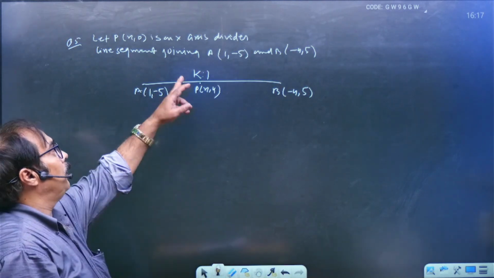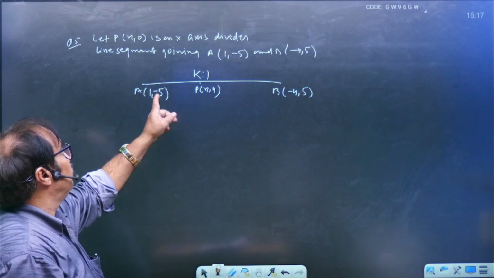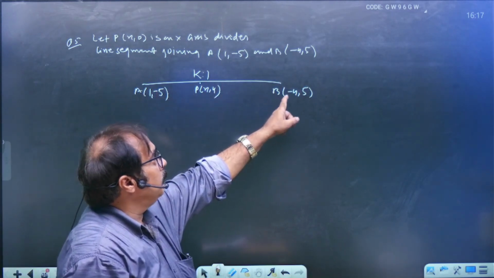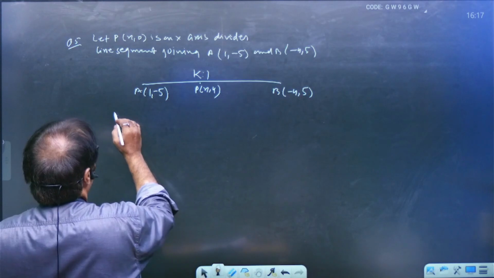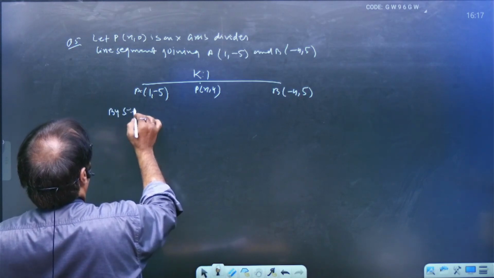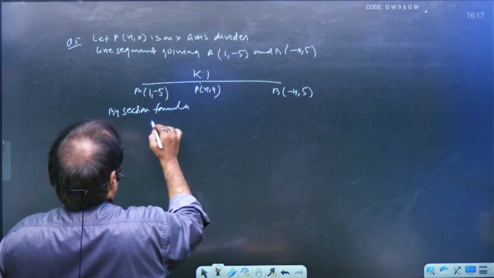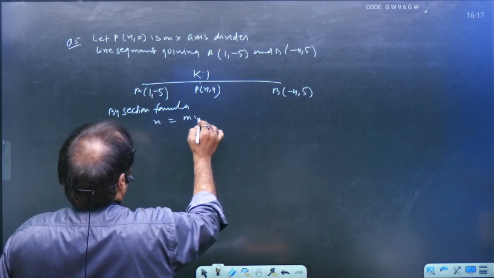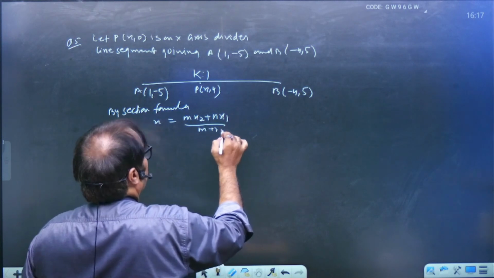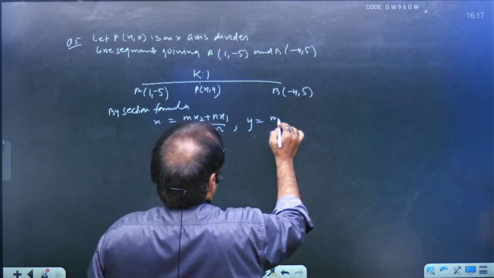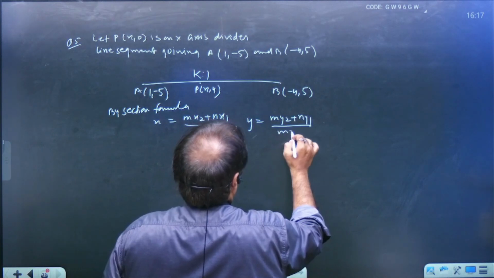So what is the value of m? m is equal to k, n is equal to 1, x1 is 1, y1 is minus 5, x2 is minus 4, and y2 is 5. So by applying the section formula, x is equal to mx2 plus nx1 upon m plus n, and y is equal to my2 plus ny1 upon m plus n.